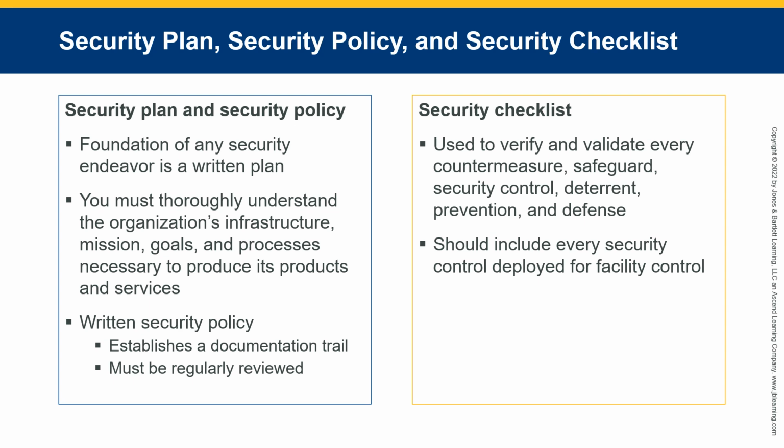If you're doing a rule change, you should have a security checklist for that. Everything should have different checklists assigned to them. A security checklist should include every security control deployed for facility control.